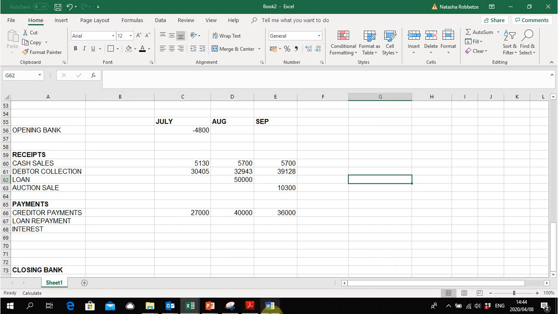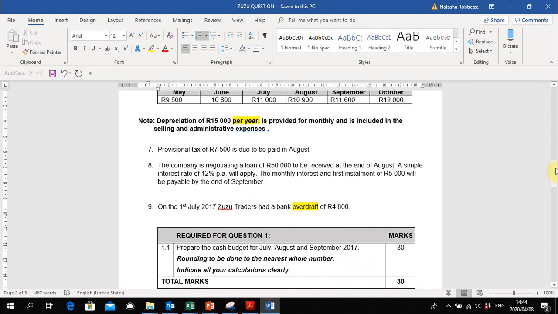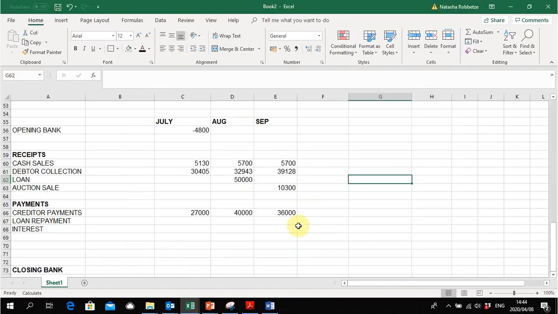Our loan repayment, if we go back to our question, we received 50,000 rand. They say at the end of September, 5,000 rand is due as an installment, and then we also need to calculate the interest. So I'm first just typing there.